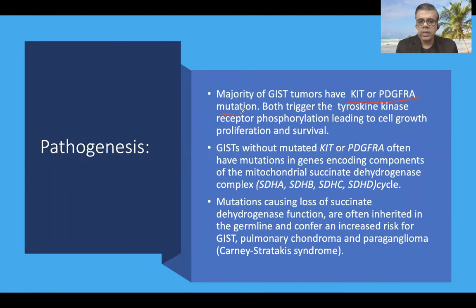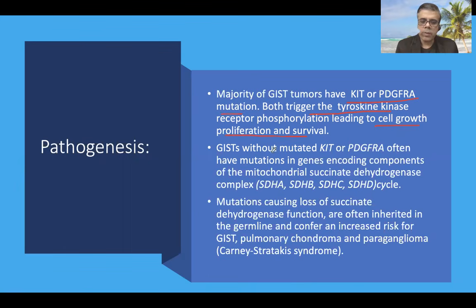Both of these KIT and PDGFRA mutations trigger the tyrosine kinase receptor phosphorylation, which leads to cell growth, proliferation and increased cell survival. So all of these lead to the neoplasm development.